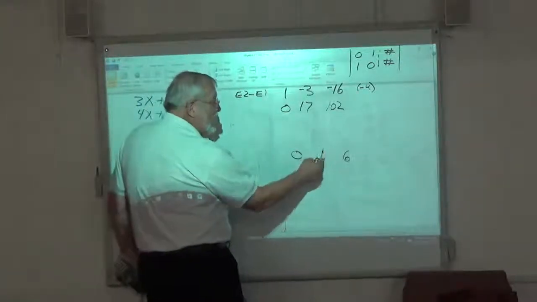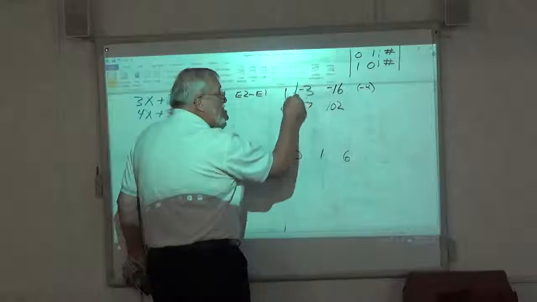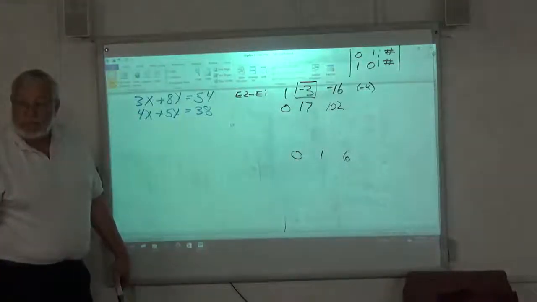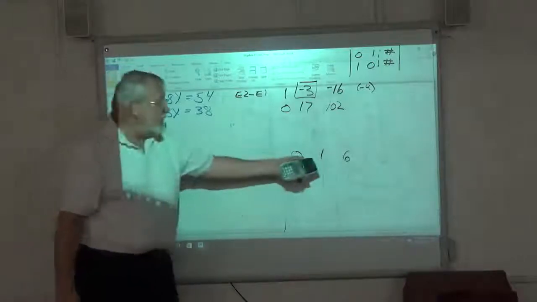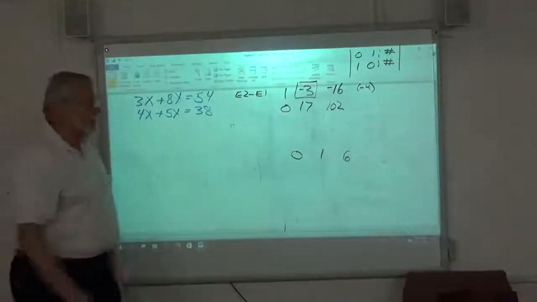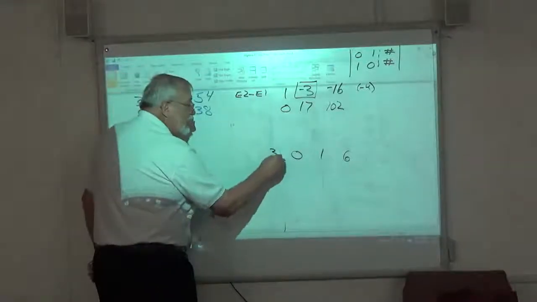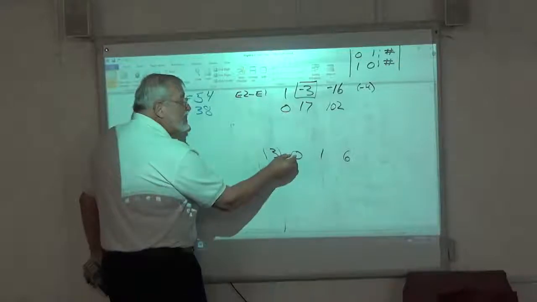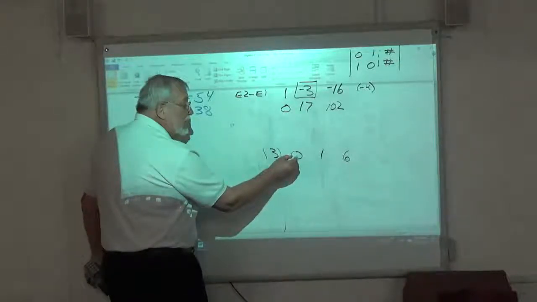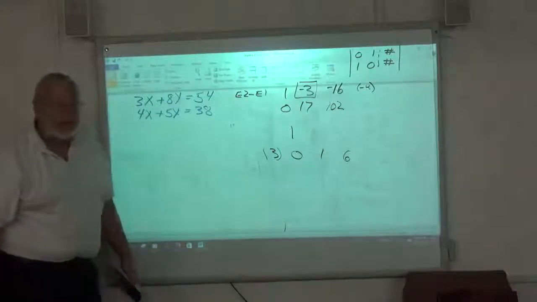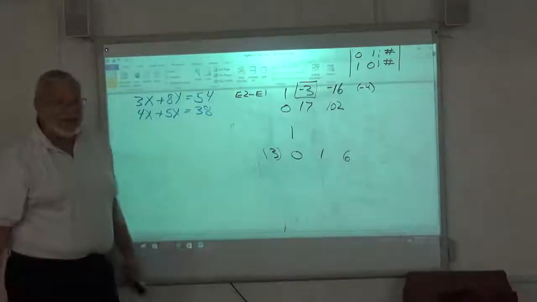All right. Now I have a 1 here, but I need to get a 0 there. What am I going to do to this 1 so I can add it and get a 0? Multiply the row by 3. Very good. So what is 3 times 0? Plus 1. That's good. So I haven't changed my initial 1 that I need.